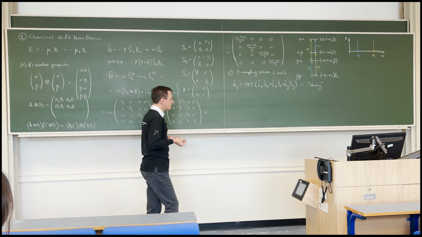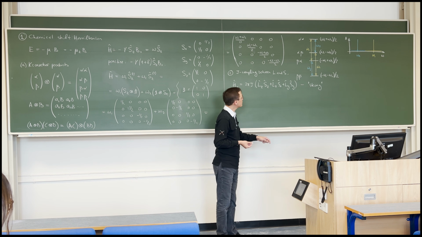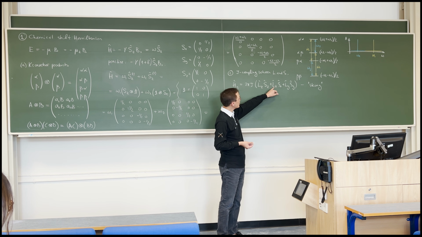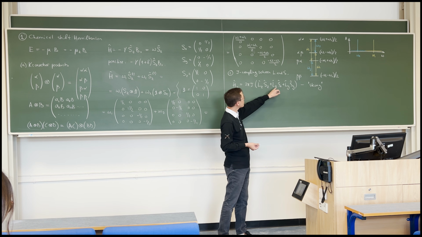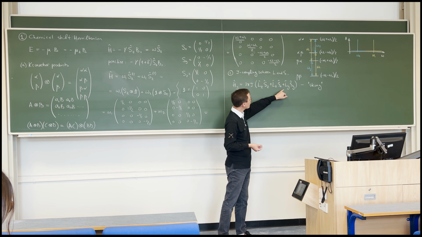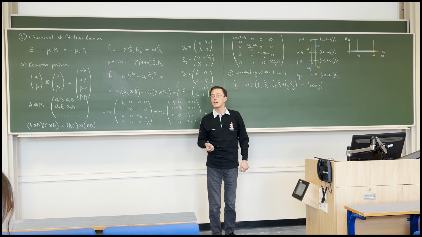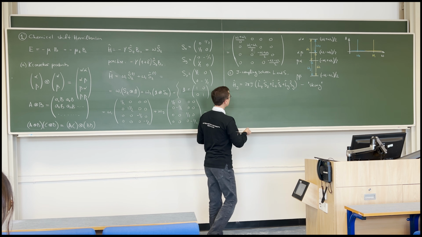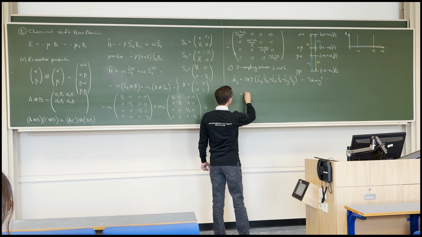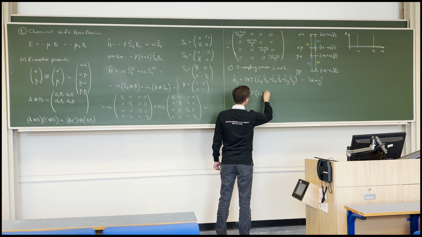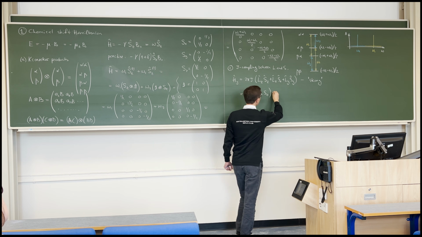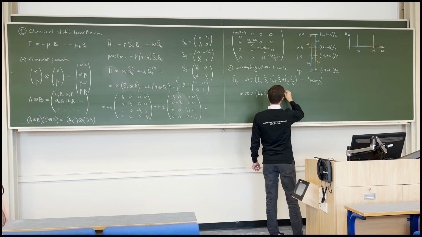You can put a mathematical proof on that, but it turns out that if the precession of L is at a very different frequency from the precession of S, then the transverse terms effectively just average out. So what you have then is 2 pi J Lz Sz, and that's called weak.